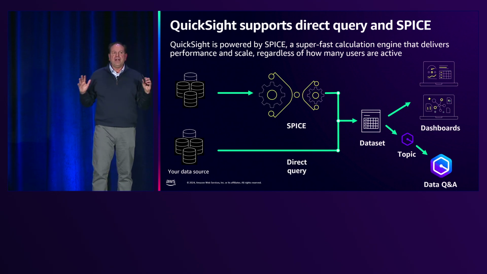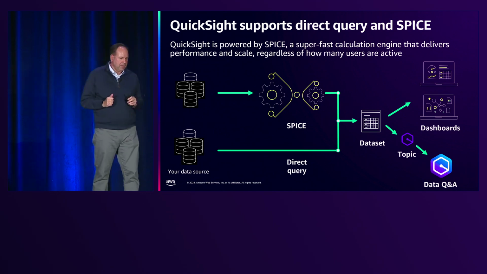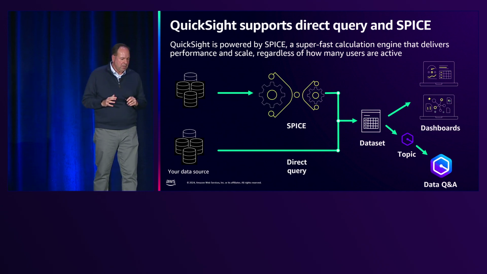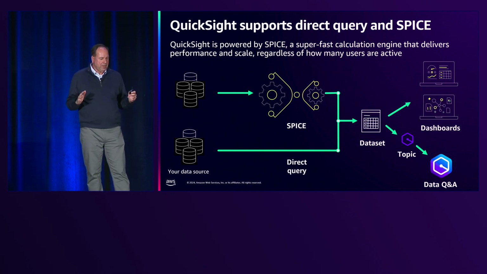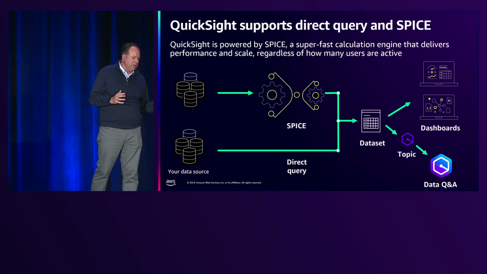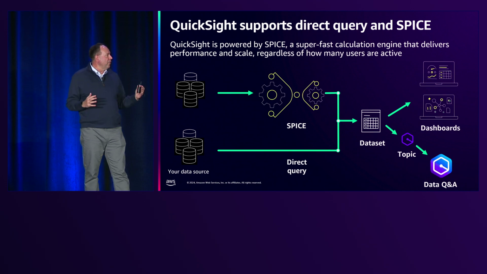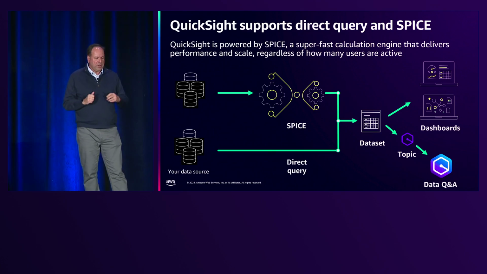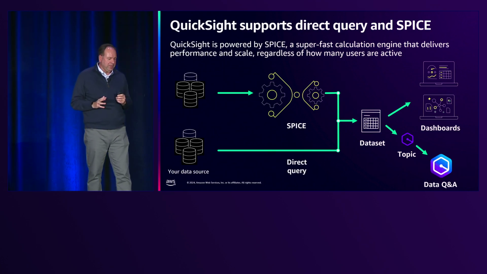Now, once we've connected to data in QuickSight, there are two different query modes that we support. So the first one is what we would call SPICE, right? QuickSight is powered by this super fast calculation engine that delivers performance and scale regardless of how many users are active in the system.